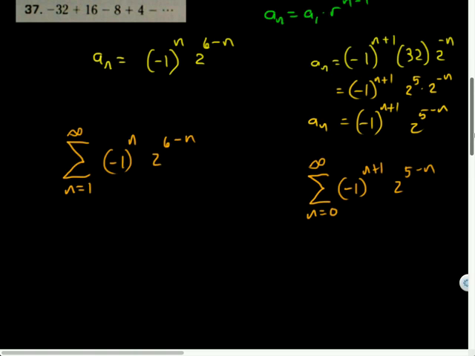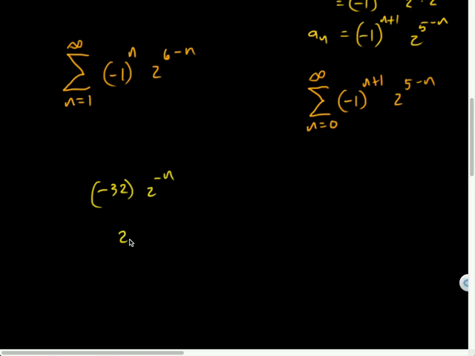You could have put the negative in there. Negative 32 times 2 to the negative n. You could have said this is negative 2 to the 6th, negative 2 to the 5th. Yeah.